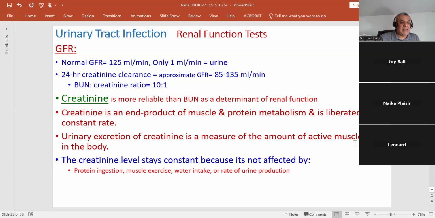Less than 60 means we have to find out the exact level of the GFR, because that would indicate that there's a kidney dysfunction. So again, the cutoff for GFR is 60. For a number over 60, we don't even know the exact number, because the lab will never provide it.